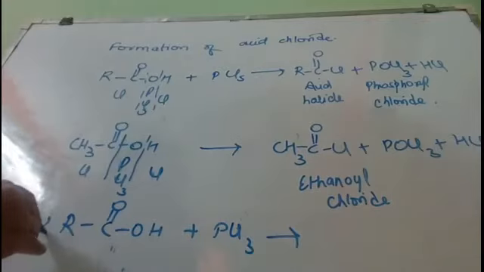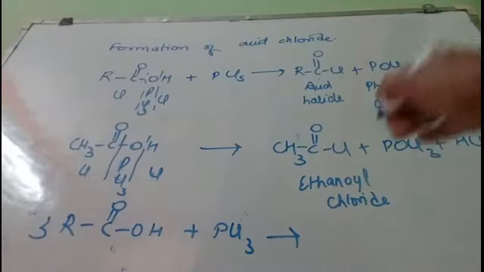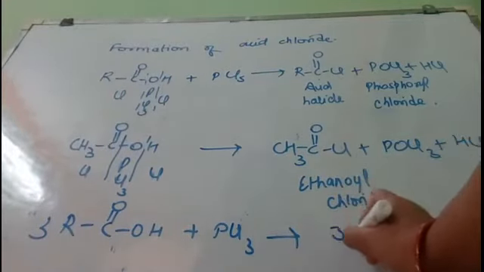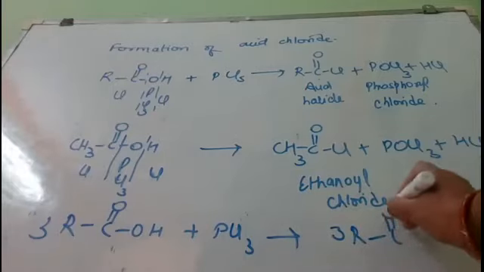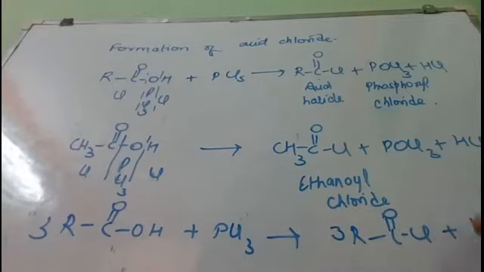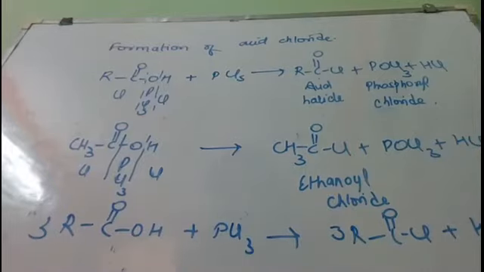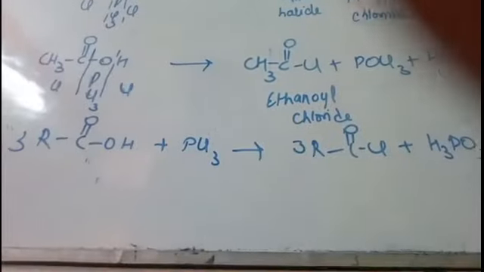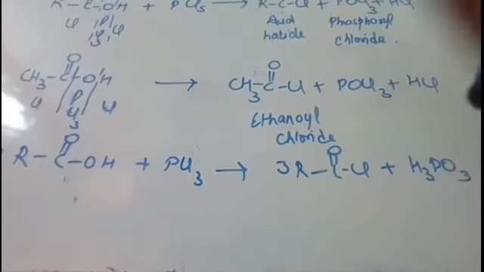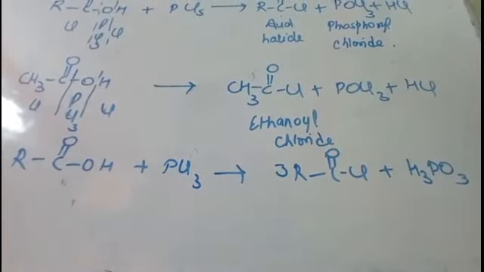We have to take 3 moles here, so you will get acid halide and phosphorus acid, H3PO3. Okay, you will get phosphorus acid. So this is how you will get acid halide with the help of phosphorus trichloride also.